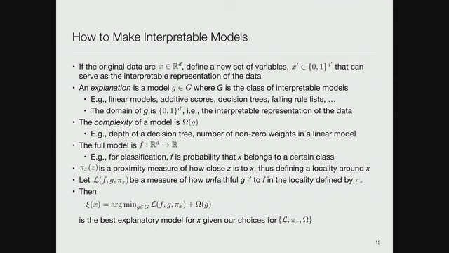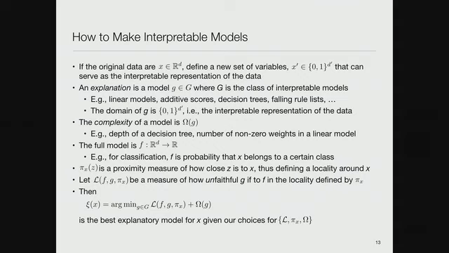And the domain of this is the simplified input data, the binary variables in d prime dimensions. And the model complexity is going to be some measure of the depth of the decision tree, the number of non-zero weights in the logistic regression, the number of clauses in a falling rule list, et cetera. So it's some complexity measure, and you want to minimize complexity.